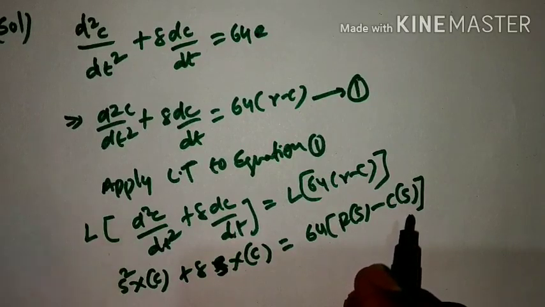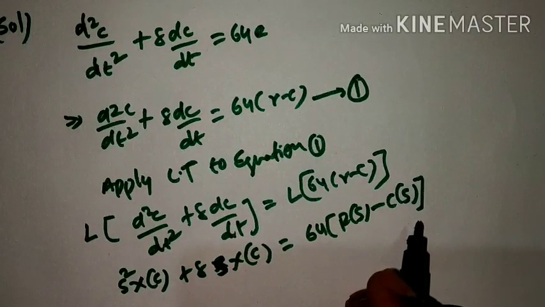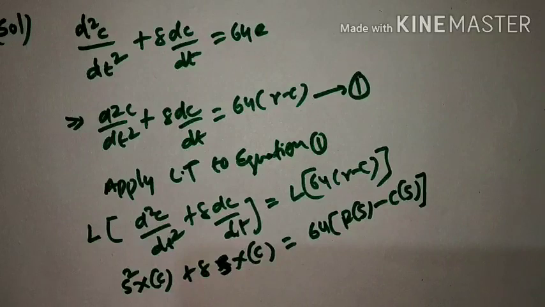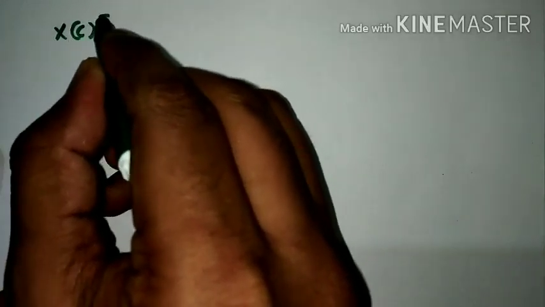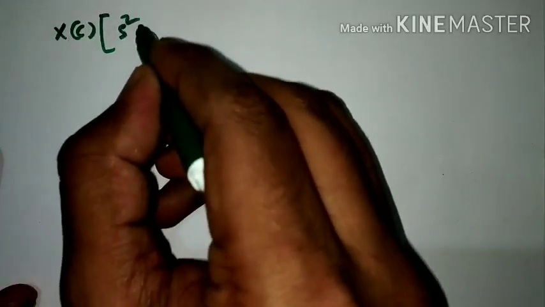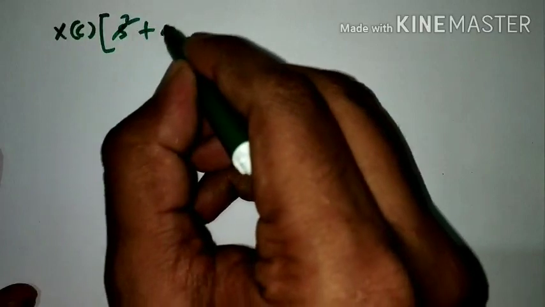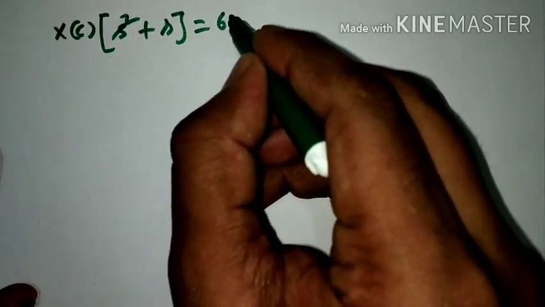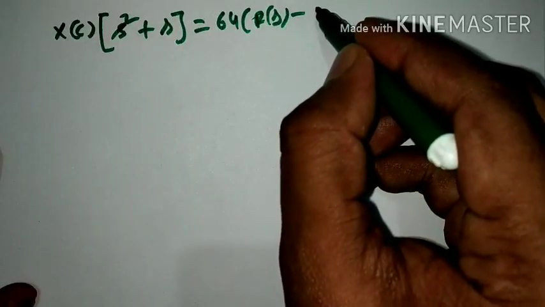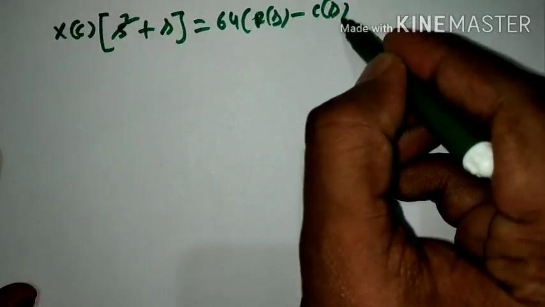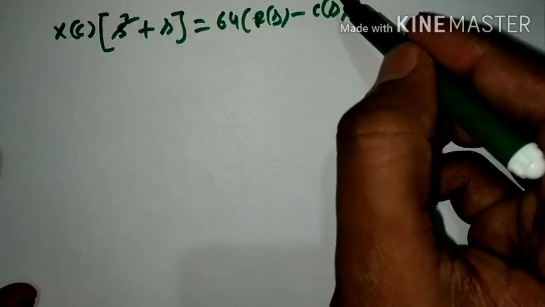Actually you have to find C of s by R of s from this equation. So I'm going to take C of s common: C of s times s square plus 8 s, plus 64, is equal to 64 R of s.